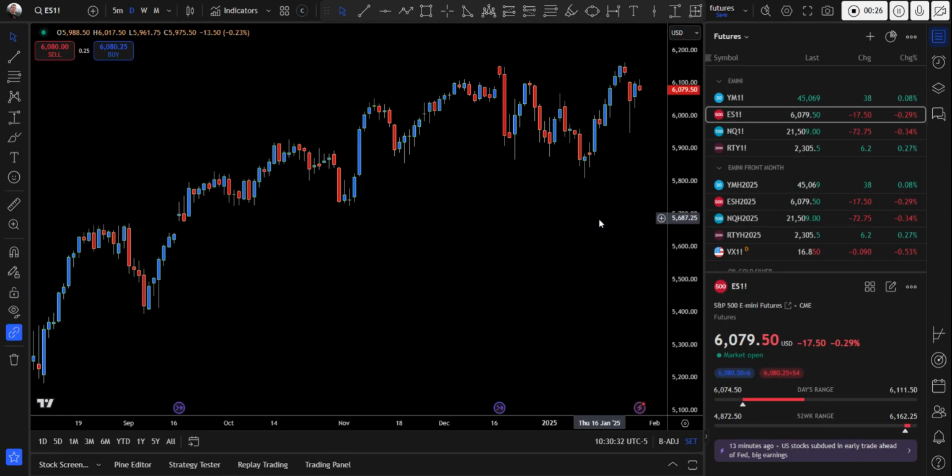Okay, so trends. If you're new to technical analysis, this is one of the main things you'll be learning. Support and resistance, trends, indicators, although I don't think you actually need indicators to trade. Some people really like to use indicators, and that's fine.